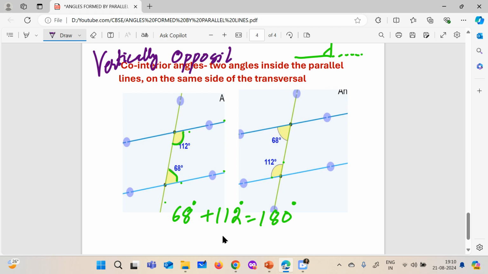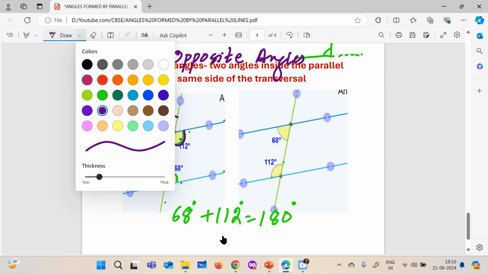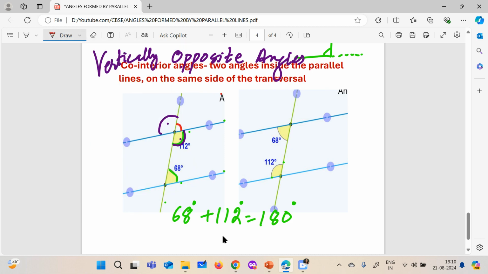So how are these vertically opposite angles formed? This is an important thing to remember. Now, as the word says, vertically opposite angle. So when you have this angle here, then the vertically opposite angle will be here. So this and this form a pair of vertically opposite angles. Now we can also say that this and these are another pair of vertically opposite angles.